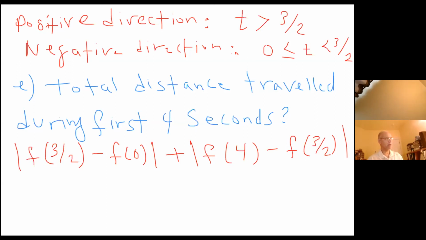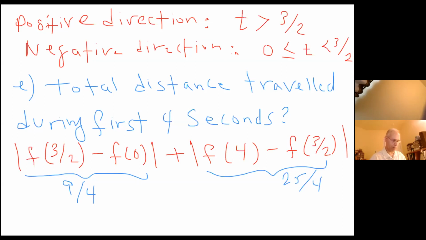So adding the first part, absolute value of f of 3/2 minus f of 0, this part happens to be 9/4. And this part happens to be 25/4.